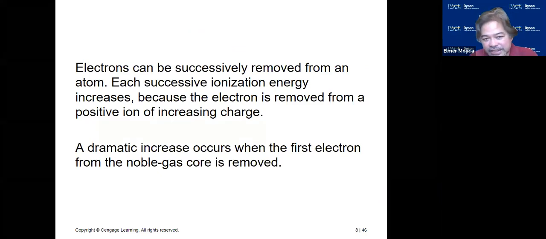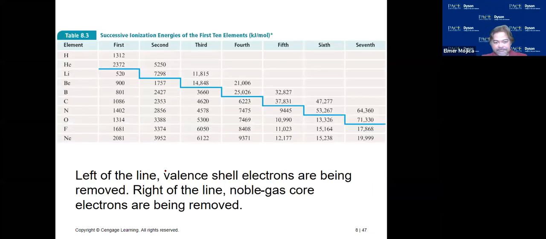So you can see here, electrons can be successively removed from an atom, and each successive ionization energy increases because the electron is removed from a positive ion of an increasing charge. And there's always a dramatic increase that occurs when the first electron from the noble gas core is removed. So for instance, look at this. Look at the value that you have there, lithium, and then the first and the second one.